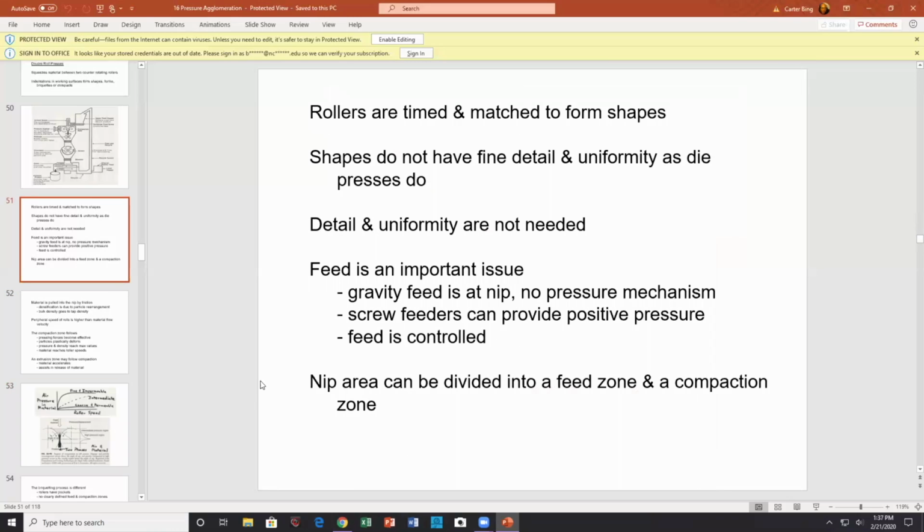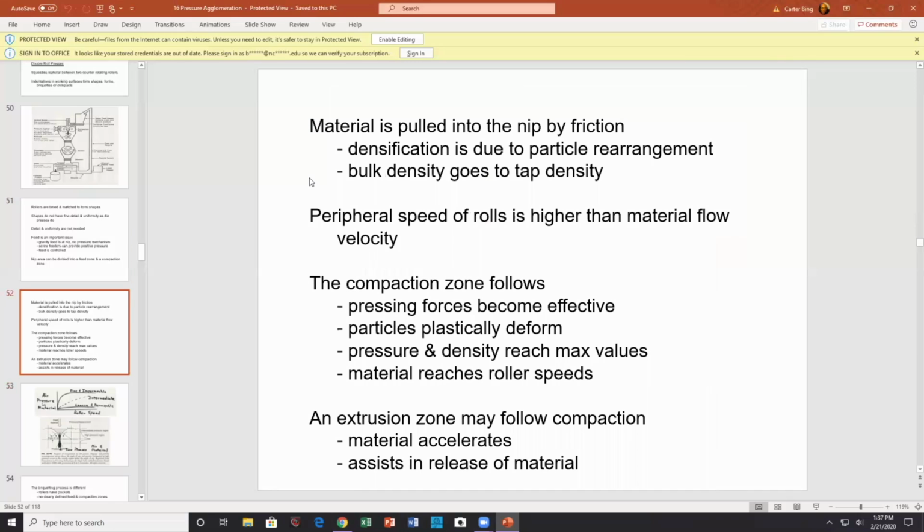Where are we? Here we go. Full densification occurs. Tap density. Tap density is as close as you can get by tapping, I guess. The particles get as close as they can be. Of course, then again, with static charge, that tap density can be quite meaningless.